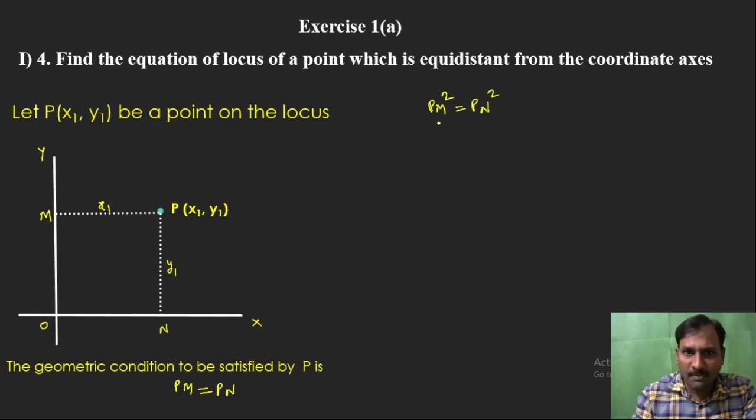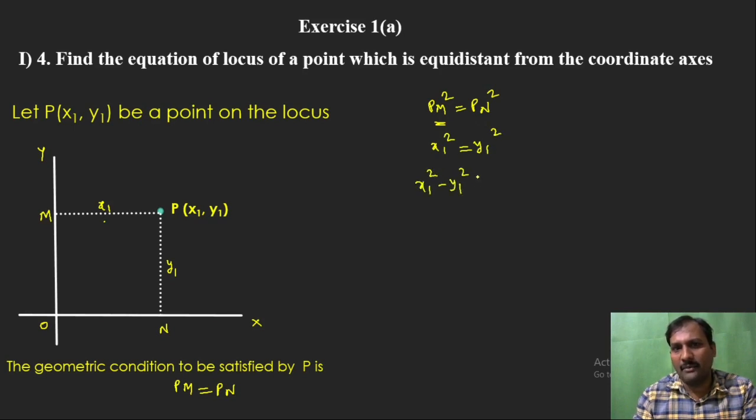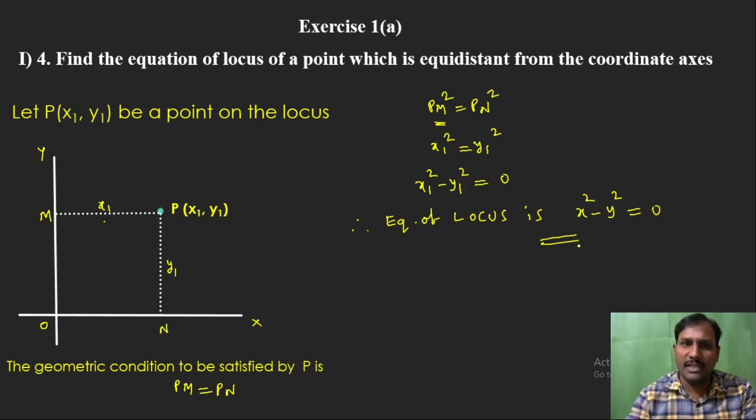Yes. So what is PM now? It is x1. Therefore x1 square is equal to PN, which is y1 square. If I simplify, x1 square minus y1 square equal to 0. If you replace x1 and y1 by x and y, you will get the equation of locus. So therefore the equation of locus is x square minus y square equal to 0.